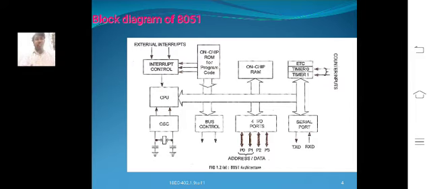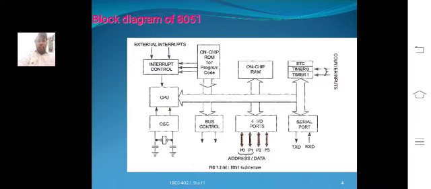Here, one well-known block is the CPU, the central processing unit, and we also have the address and data bidirectional buses, along with the crystal oscillator, bus control, and the four input output ports.